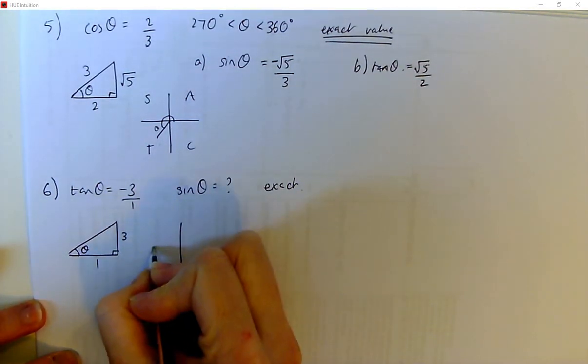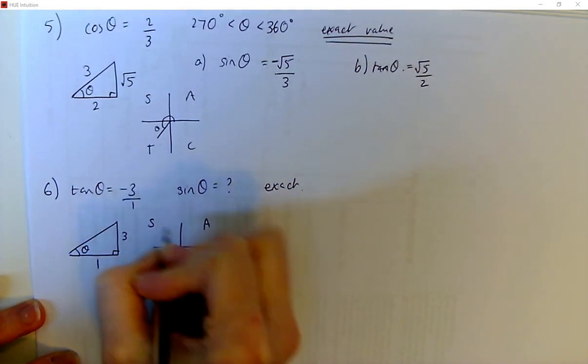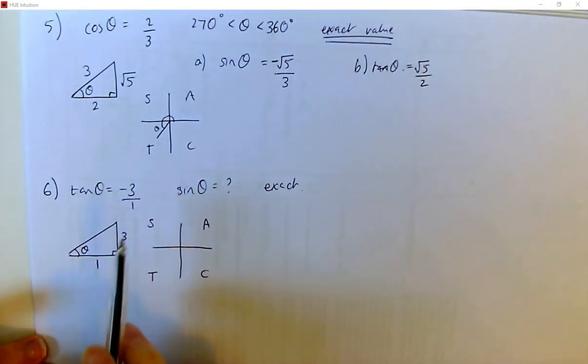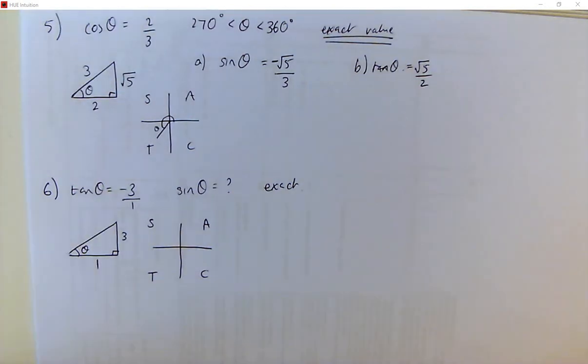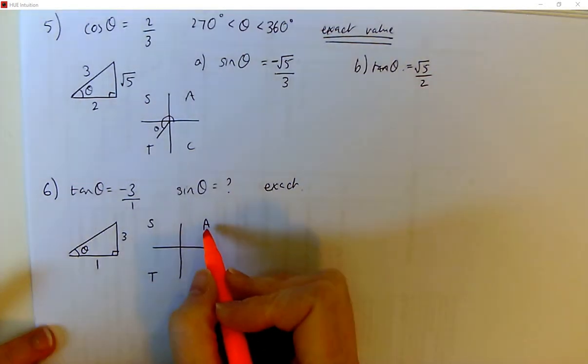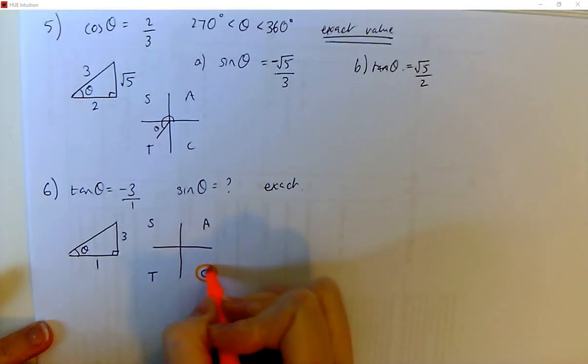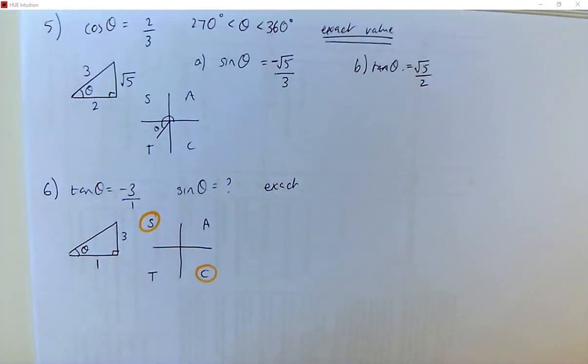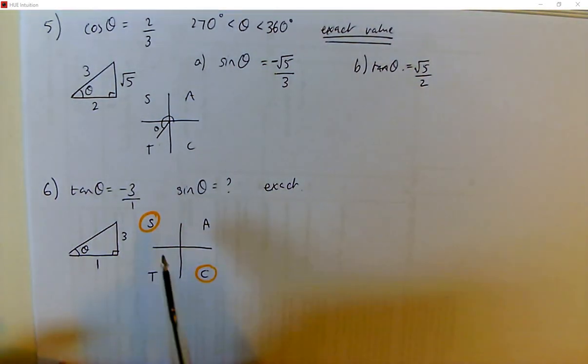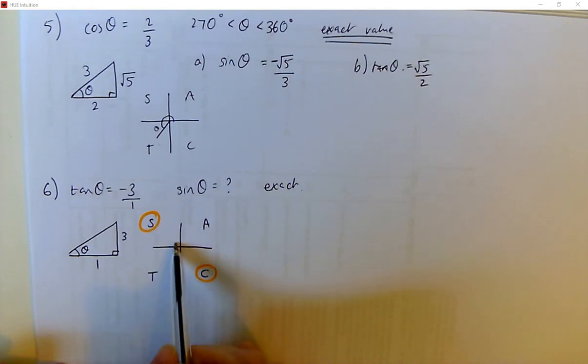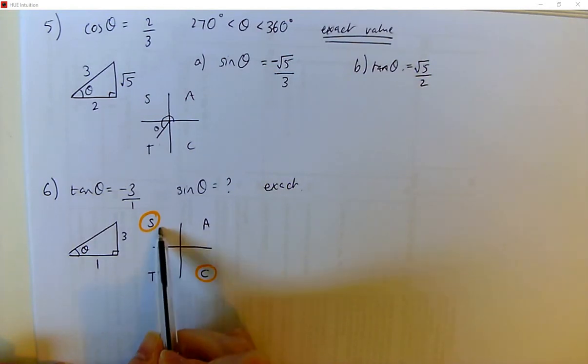I'm going to also sketch a CAST diagram to help me with my signs. So we're looking at where tan is negative. So tan is positive in A and T, so it's negative here and here. Right. So if our angle was in here between 90 and 180, then sine will be positive.